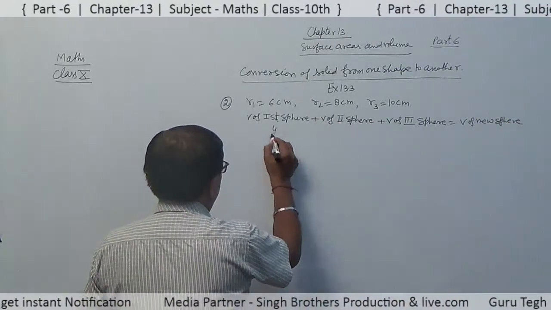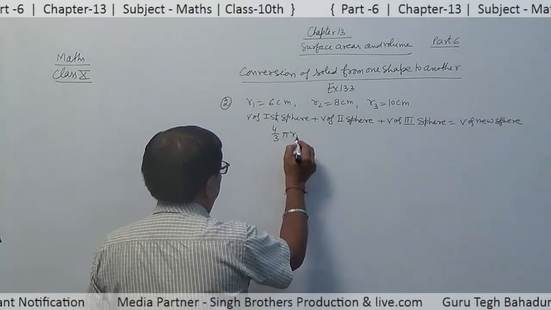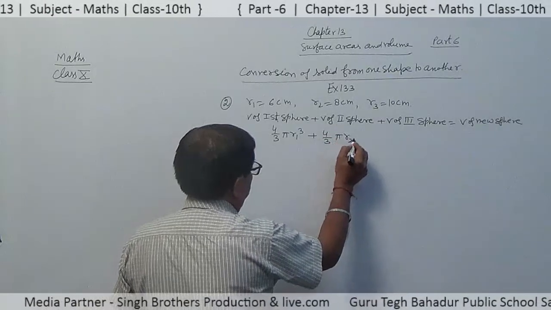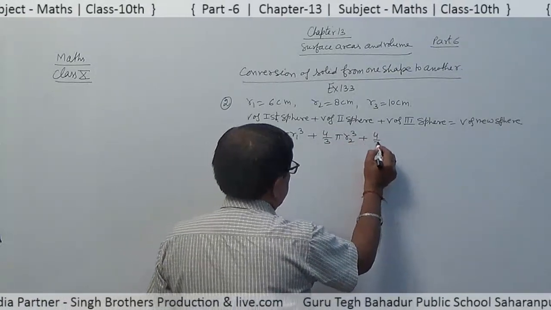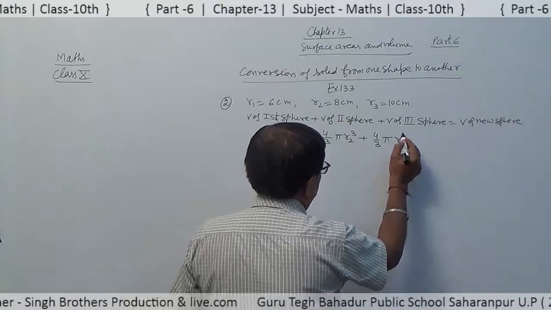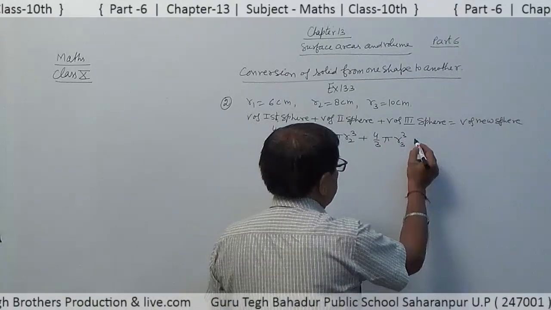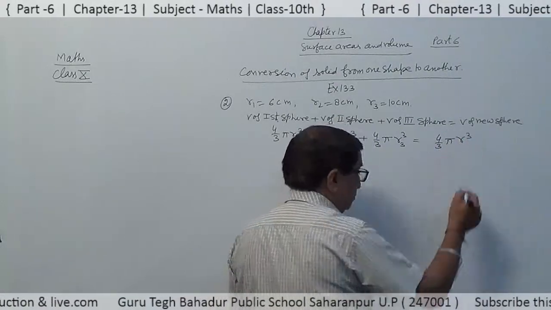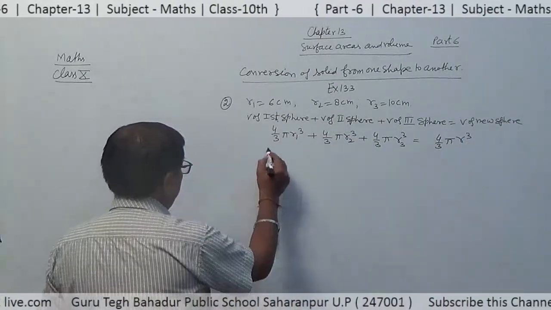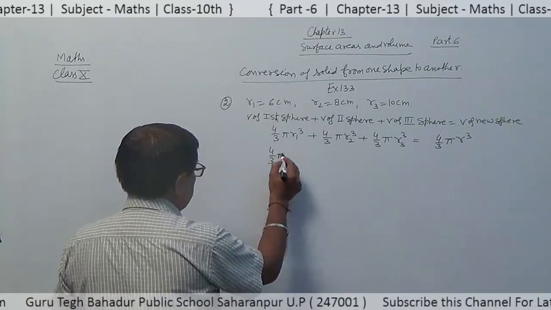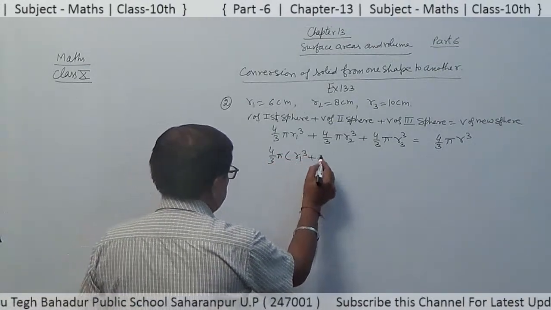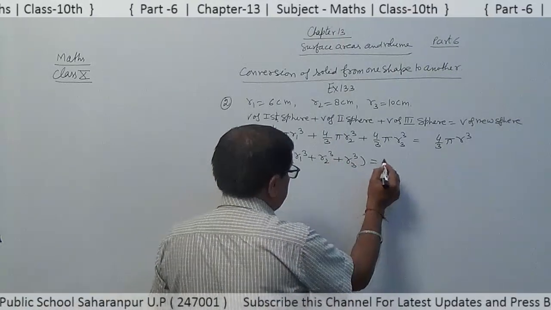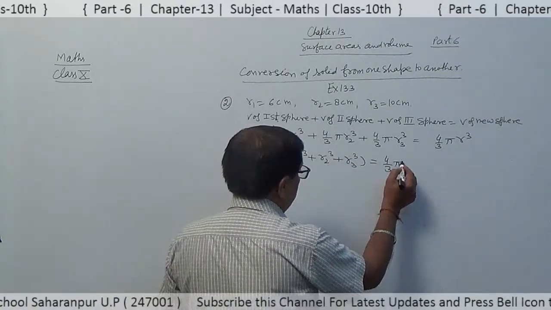So 4/3 pi r1 cube, 4/3 pi r2 cube, 4/3 pi r3 cube is equal to 4/3 pi r cube. Taking 4/3 pi common, r1 cube plus r2 cube plus r3 cube is equal to 4/3 pi r cube.